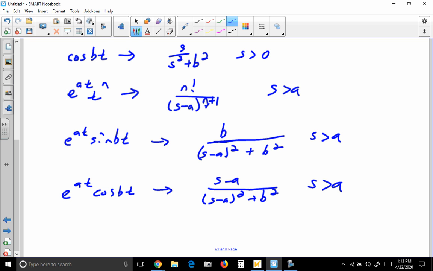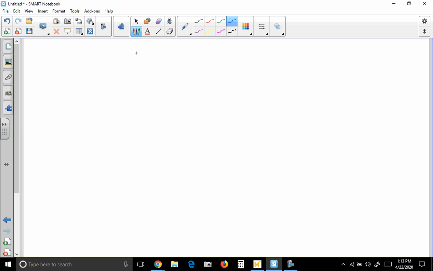transformations. So if we're given functions that are related to any of those, if we can write it as a sum or difference, maybe we have to pull some constants out, then we're able to do the transformations just using the table. So let's suppose we have 4 plus 2e to the 3t plus cosine 5t.